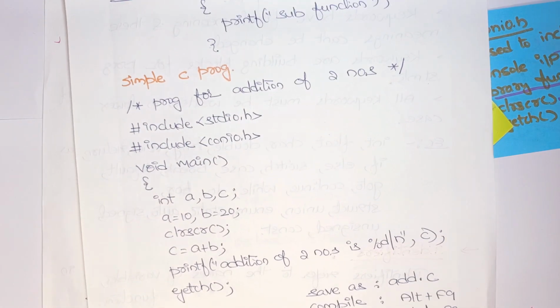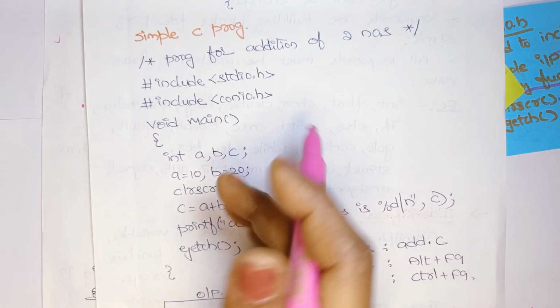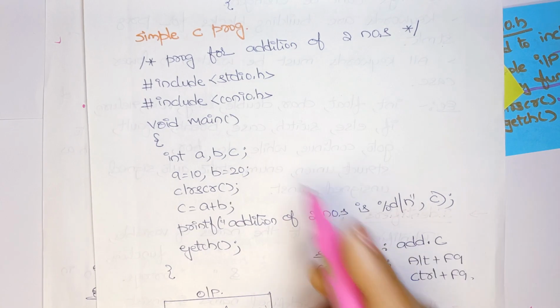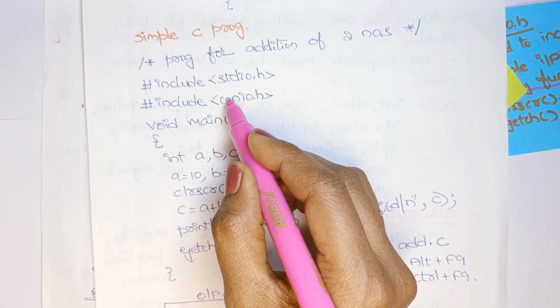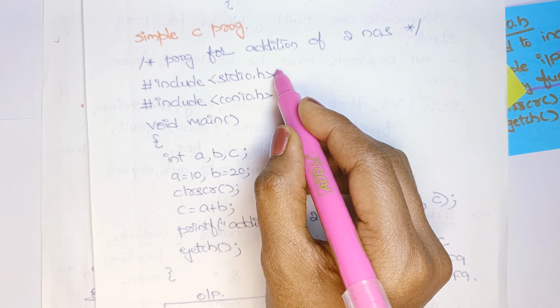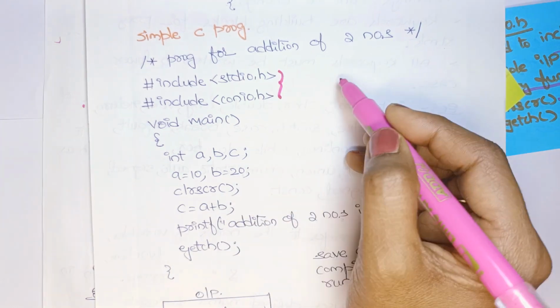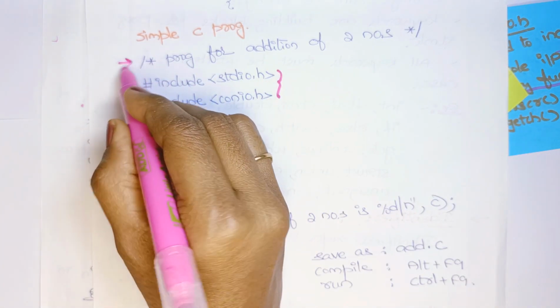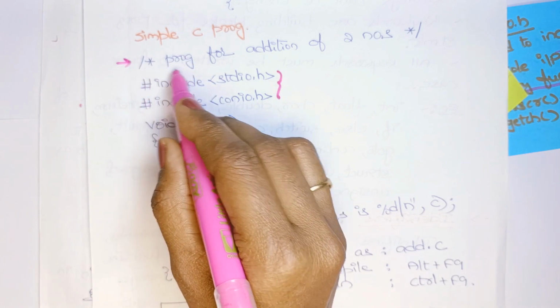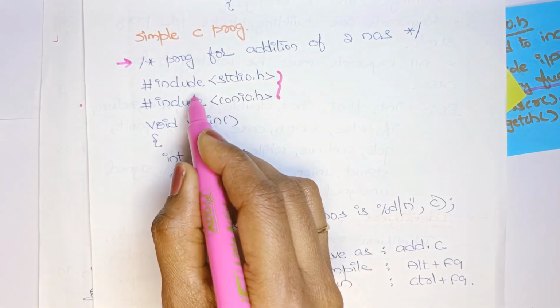For example, this is a simple C program, a program for addition of two numbers. As we know, first we need to include the documentation section. This is optional, but here I mentioned the documentation section.